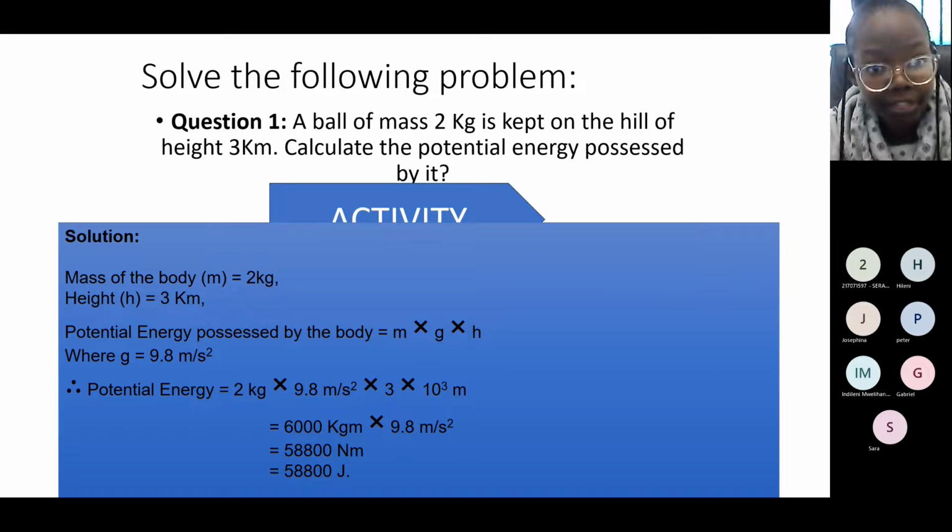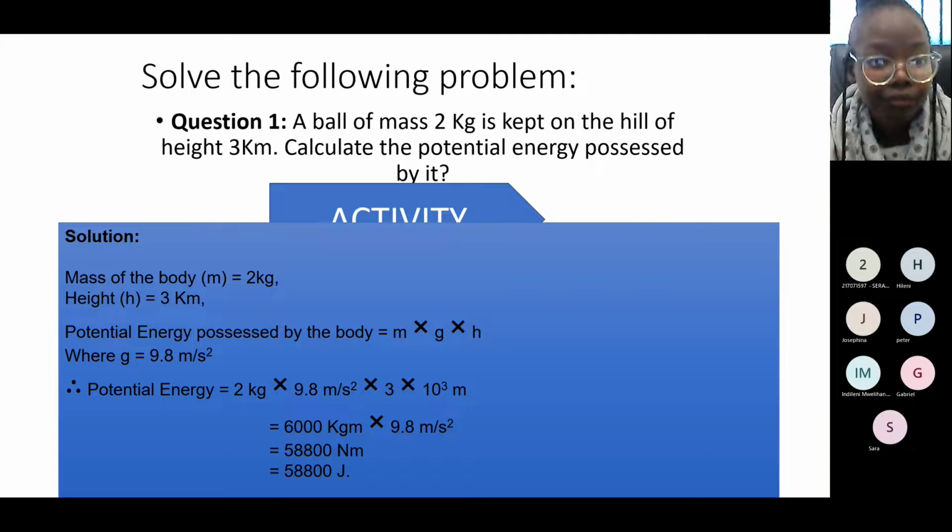You know that the ball has a mass of 2 kilograms and the gravity is usually 9.81 newtons per kilogram. And then the height: the ball is on a hill of 3 kilometers. But for the formula, we need the height to be in meters.